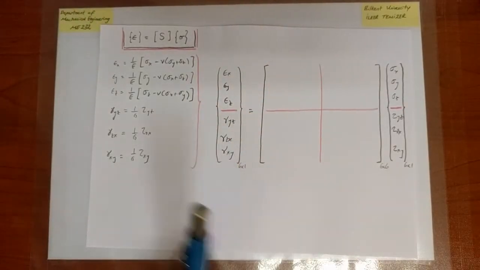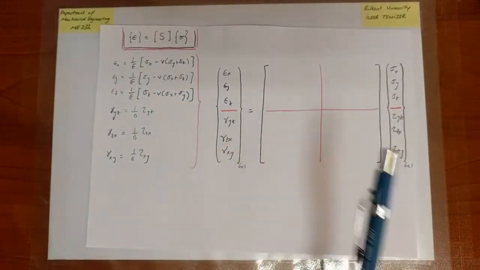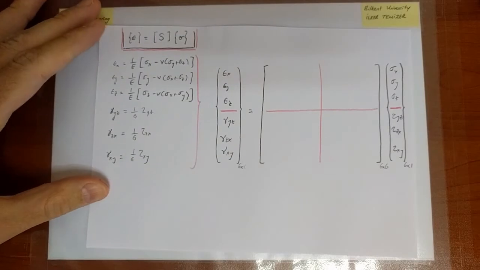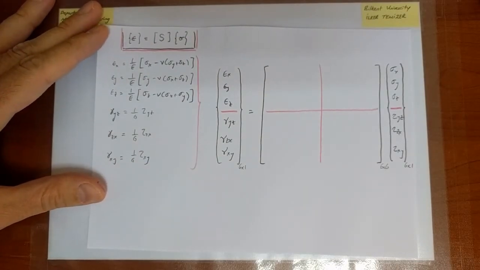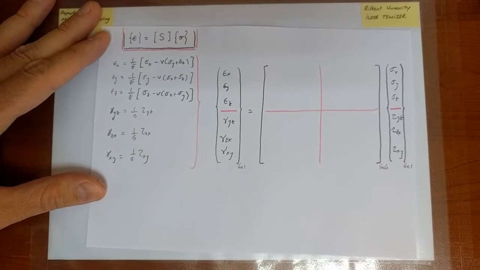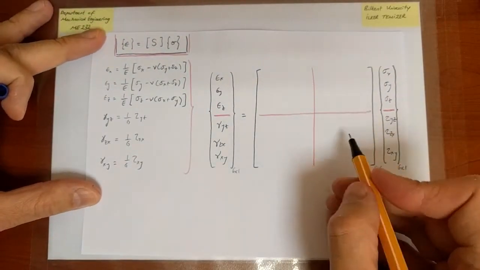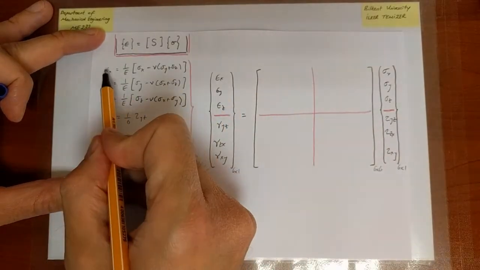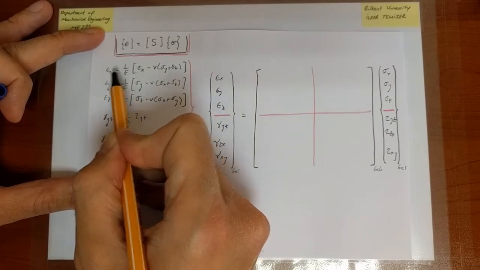All right. So I want to go ahead and write this set of equations in linear algebra form. So that is rather straightforward. So let's first go ahead and write the diagonal components. The diagonal components are, well, so for instance, epsilon x multiplies sigma x 1 over E, right?